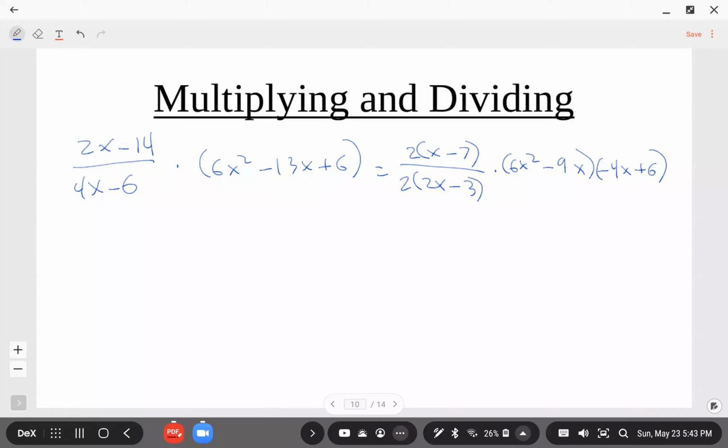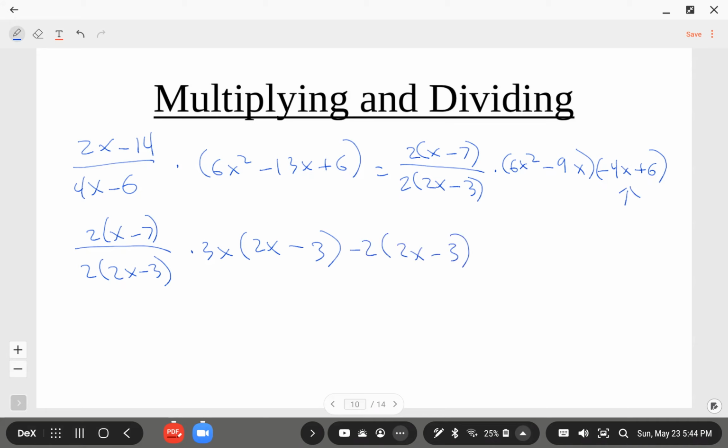Now we factor by grouping. Factor out the GCF of each: 3x, actually 2x, 2x minus 3, and for this one you factor out -2, and then 2x minus 3 again. So we're done here.